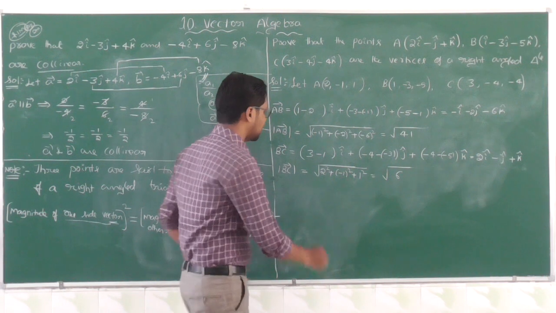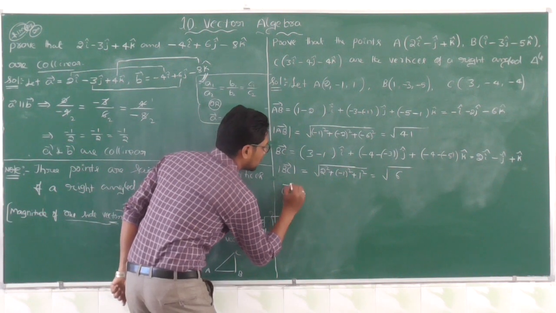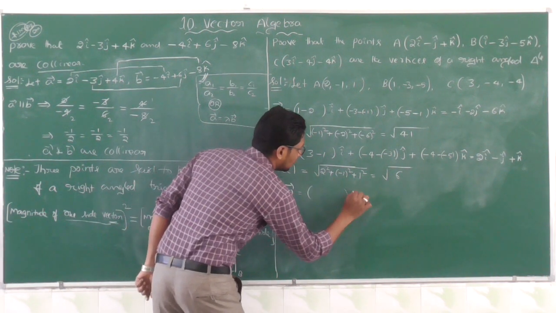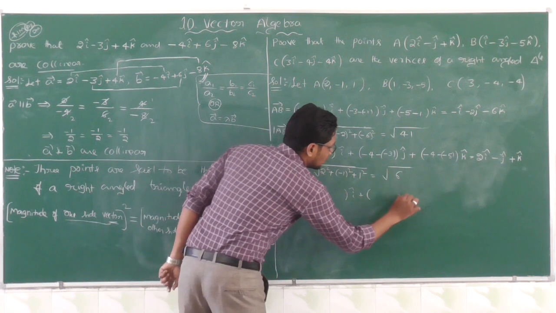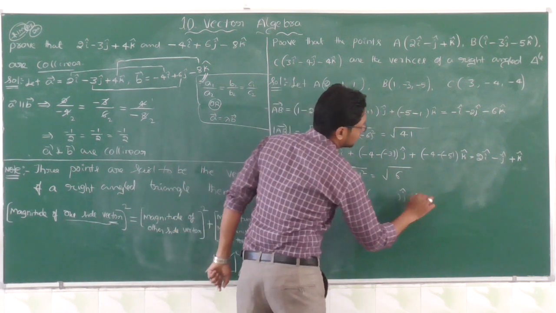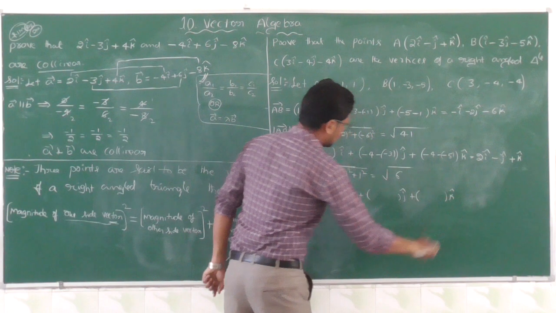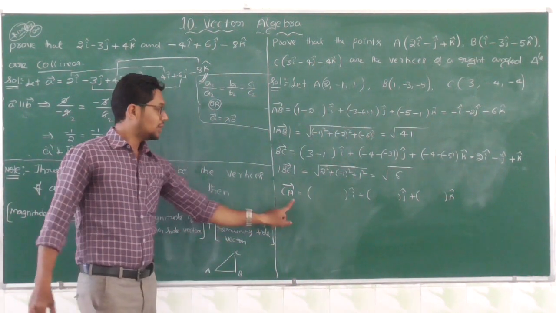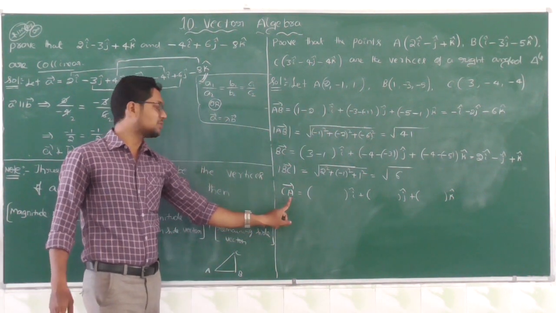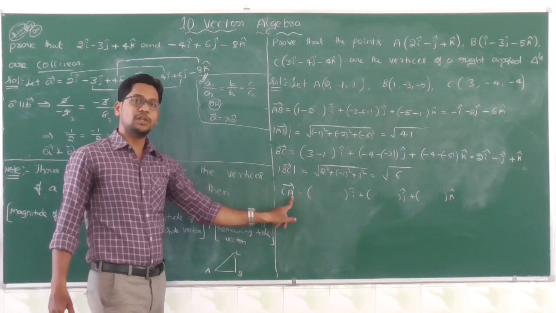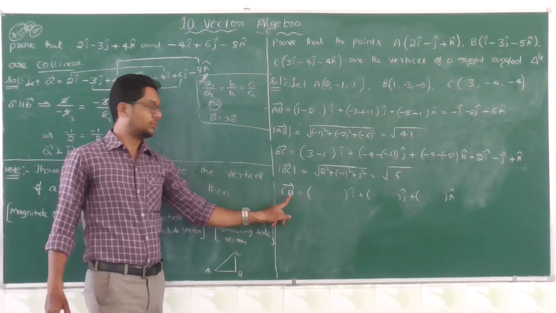Next CA vector we have to find. CA vector: first write down i, j, k. CA vector is A minus C, terminal point minus initial point.